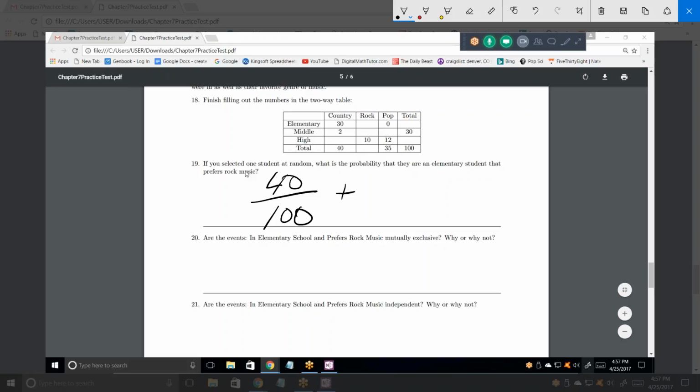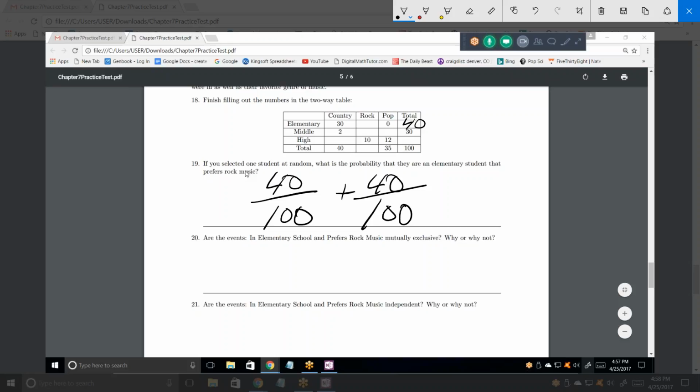So elementary is 40. Yeah, so either or. Except, what did it say? The probability that they either like country music or they're in elementary school.